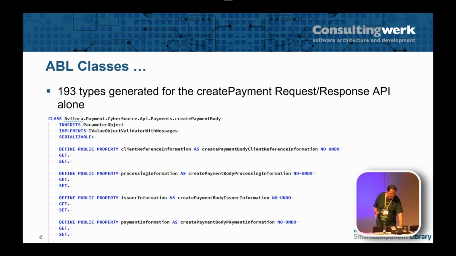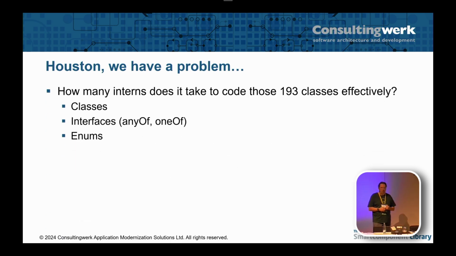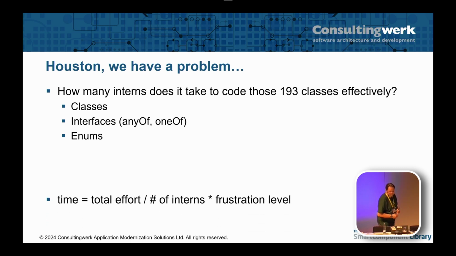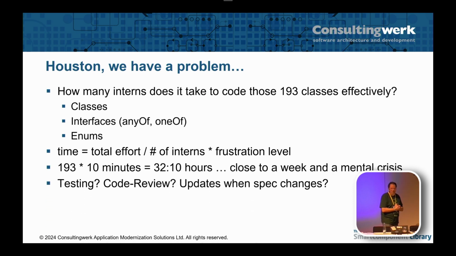And actually, generation is now key, because if you need to do that manually, 193 of these classes, poor interns that would have to do it, if you assume 10 minutes per class, we're at 32 hours. It's almost a week. And what if the specification changes and we need to redo it again?